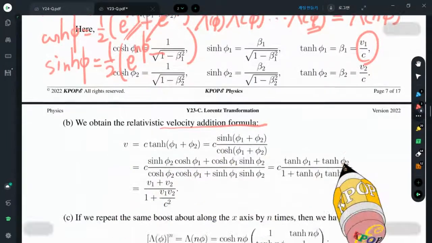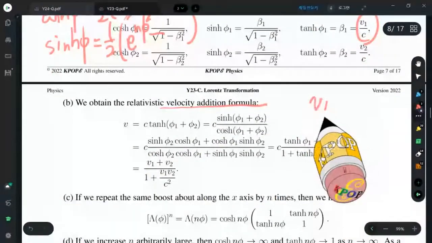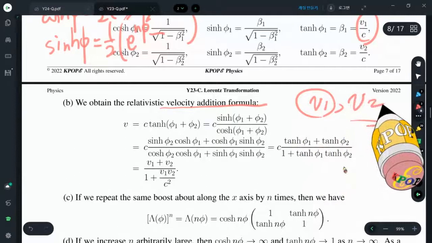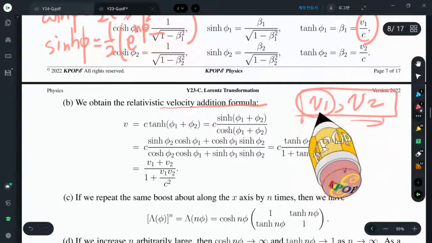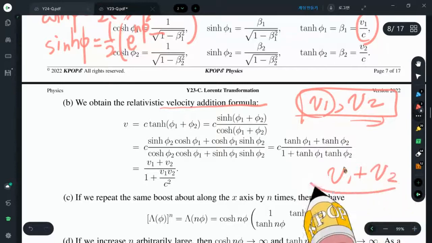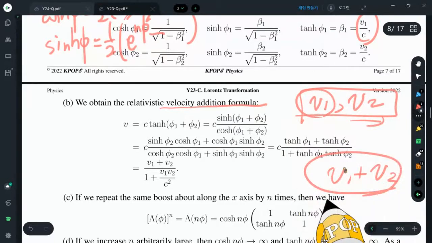So if you make use of the boost along the x-axis by v1 and in addition v2, the resultant velocity is v1 plus v2 if you are happy with the Galilean transformation. However, in relativity, that does not happen.